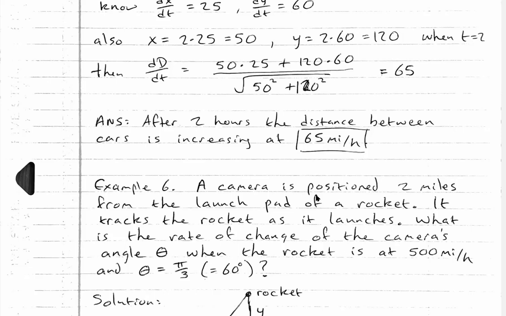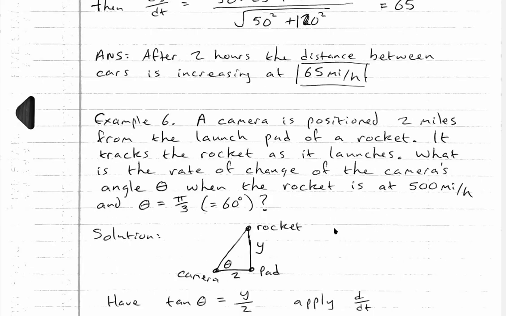So this camera is tracking this rocket. One more right angle triangle, but this time it's some trigonometry we need instead of Pythagoras. We're not interested in the distance here, we're interested in the angle. The camera is 2 miles from the launch pad.